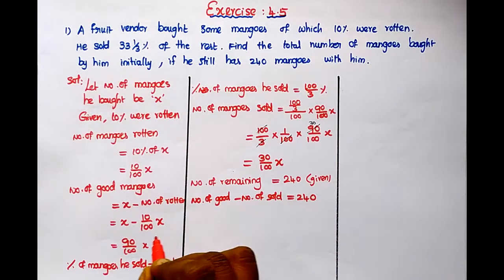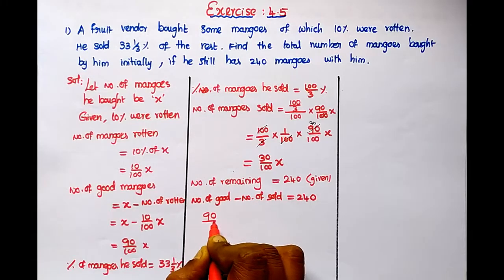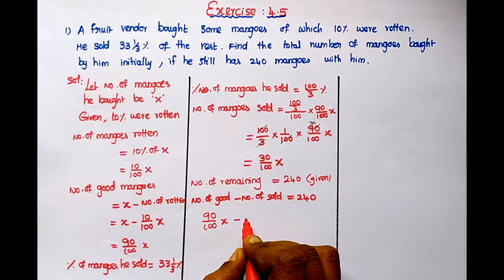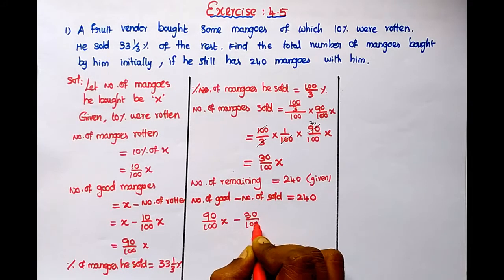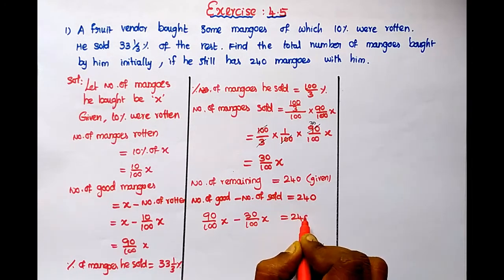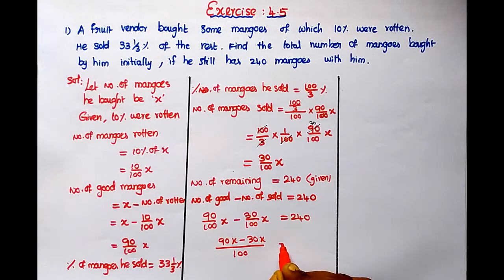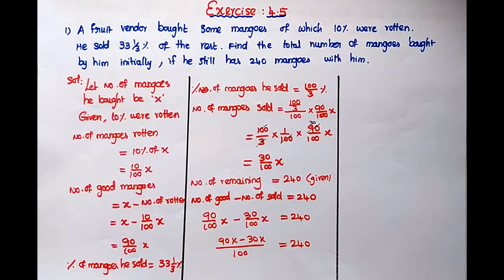Now, number of good is what? 90 by 100 into x minus number of sold 30 divided by 100 into x equal to 240. Now, 100 is common, 90x minus 30x equal to 240. 90x minus 30x, that is 60x by 100 equal to 240.